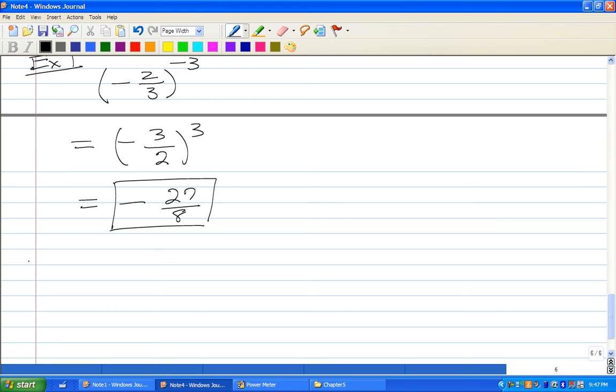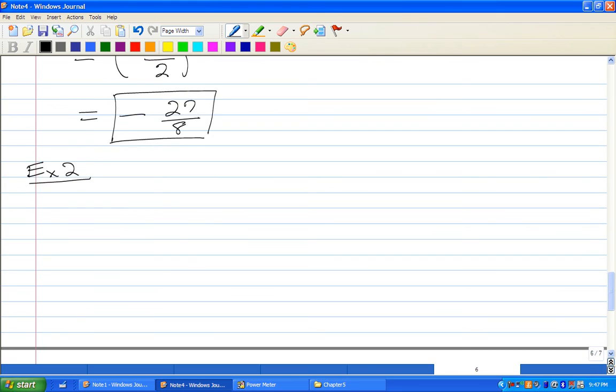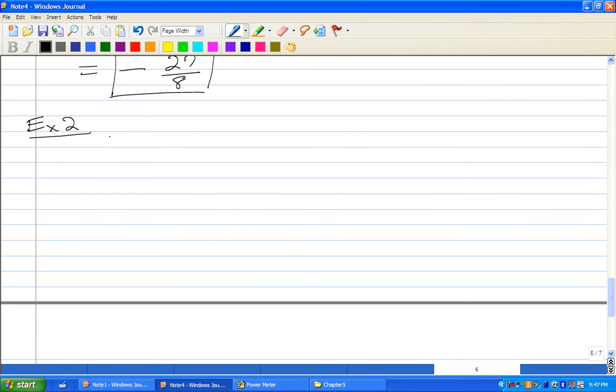Let me do another example. Negative 2 thirds to the negative 4. I have a negative exponent, so let's take the reciprocal. The reciprocal of negative 2 thirds is negative 3 halves.